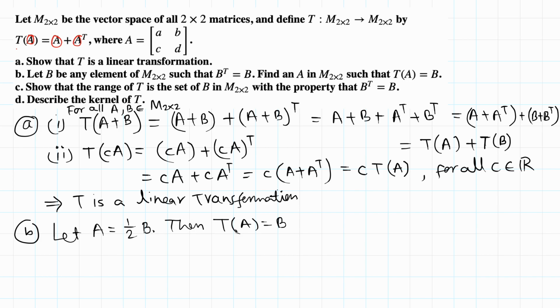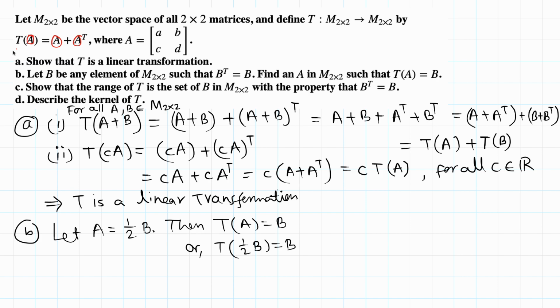So T of A from the definition is this one, because our A is now half B. Let me write down T of half B equals B. We need to show this should be true. Then our answer, A equals half B, works.